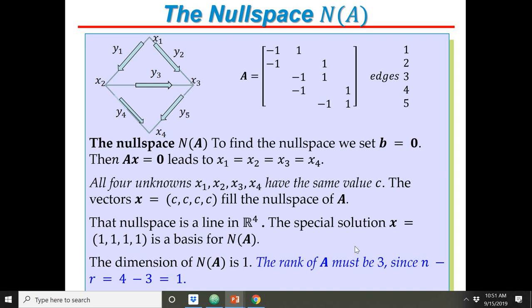Since n in this matrix is equal to 4, n minus r, 4 minus 3, I'm sorry, the null space we said has dimensionality 1, so n minus r is equal to 1, so r has to be equal to 3.